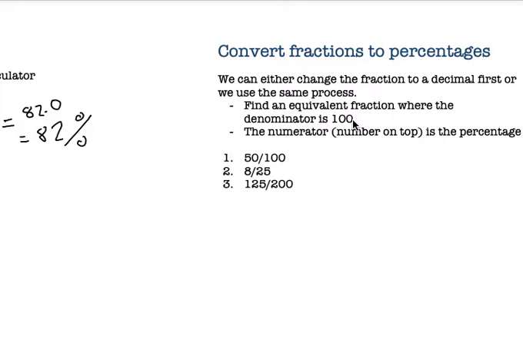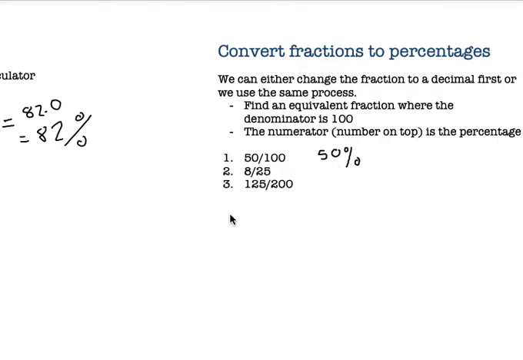And our percentage is just going to be whatever number is at the top of that fraction, the numerator. So here I've already got my number out of 100. That means my percentage is just the top number, so my percentage here is just 50. 50 out of 100 is 50%.